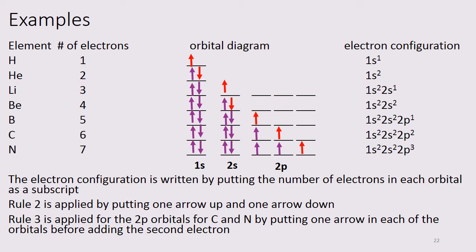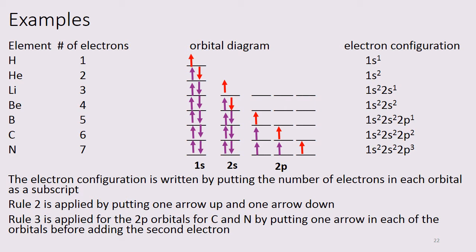So now when we go to boron with 5 electrons, we've got the 4 that we've already seen. The 5th electron now has to go into the 2p subshell. So we put it in the first box. It doesn't really matter which box or which line you put it on. Remember that there's 3 of them.